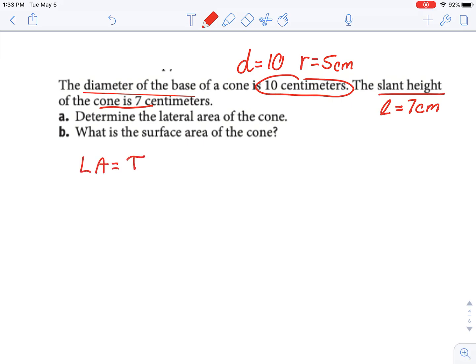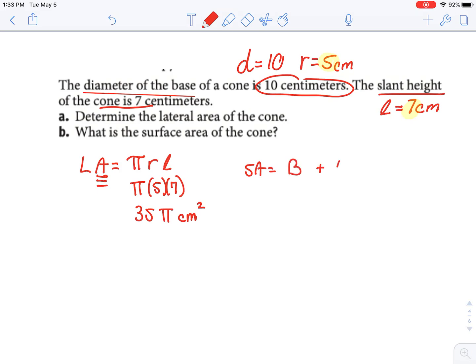To find the lateral area, we need pi times radius times slant height, so we use that radius of 5 and that slant height of 7. 5 times 7 is 35 pi, and area will always be in squared units.